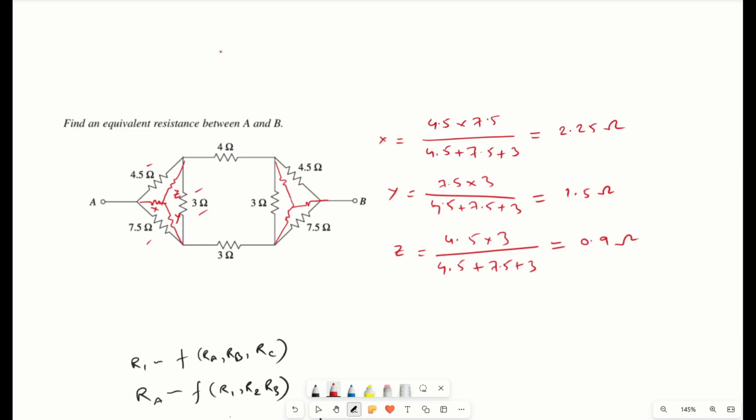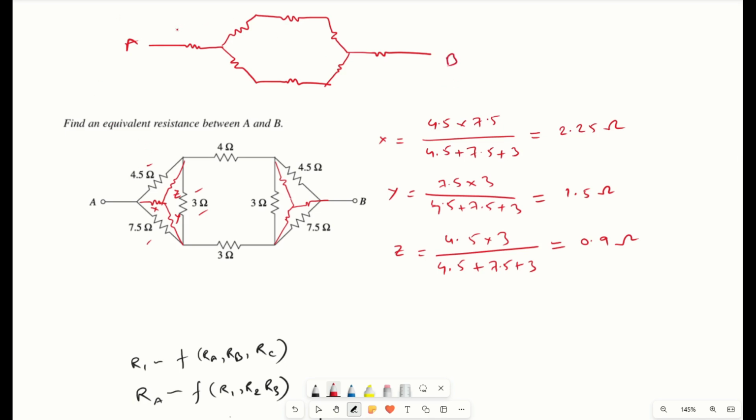Whenever we are solving this type of numerical, we have to redraw the circuit again after conversion. So now our circuit will look like this. If we see it properly, it will look like this, right? This will be your AB.